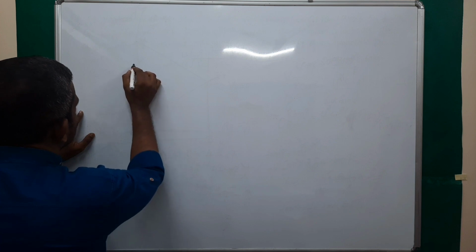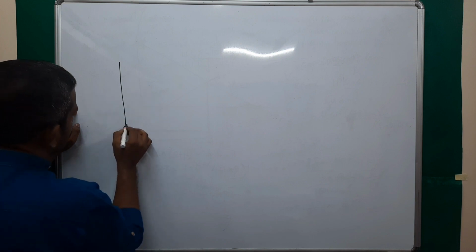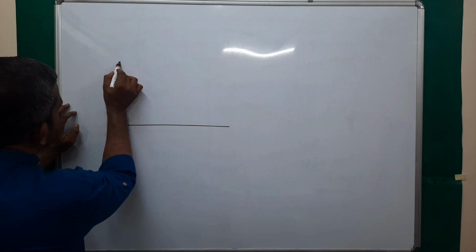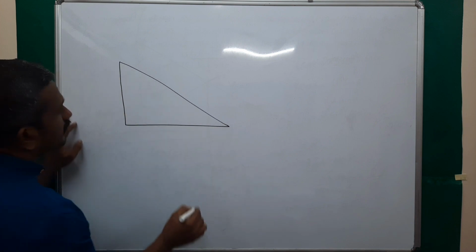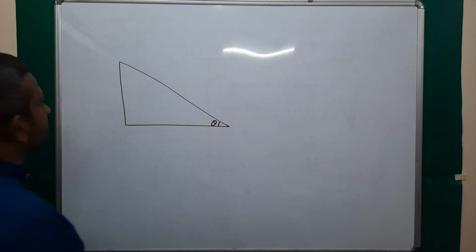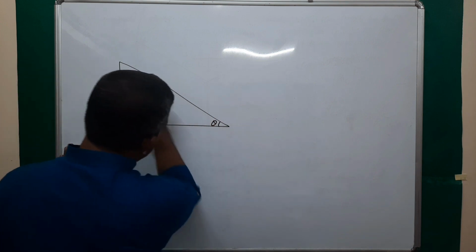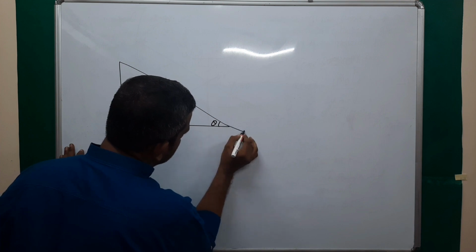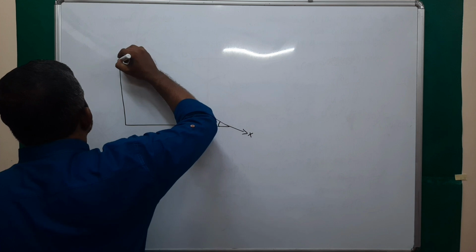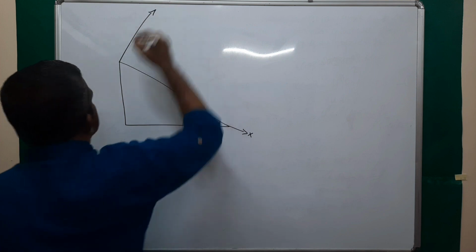So consider an inclined plane of inclination theta. This is our x-axis. The inclined plane will be taken as our x-axis, and this is our y-axis.